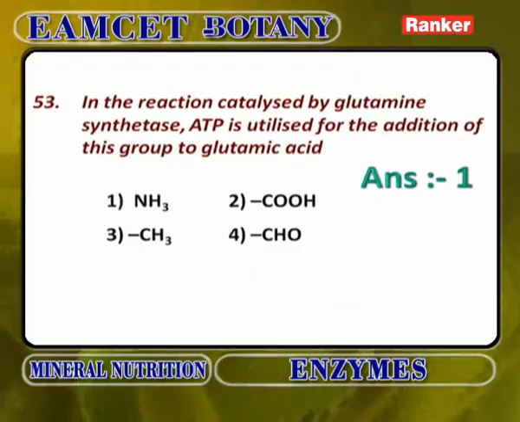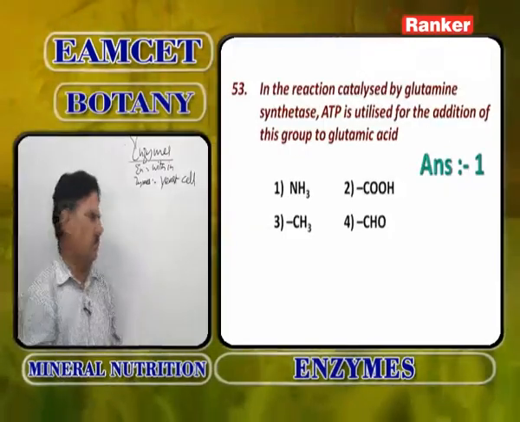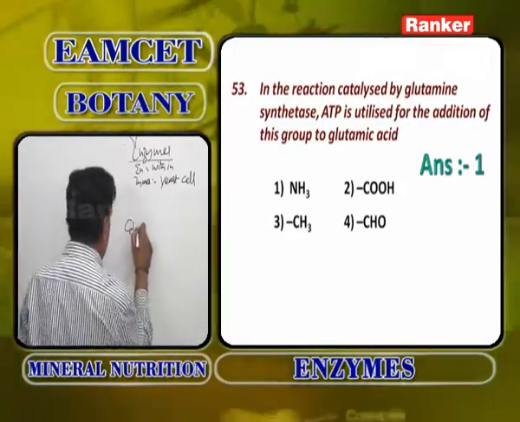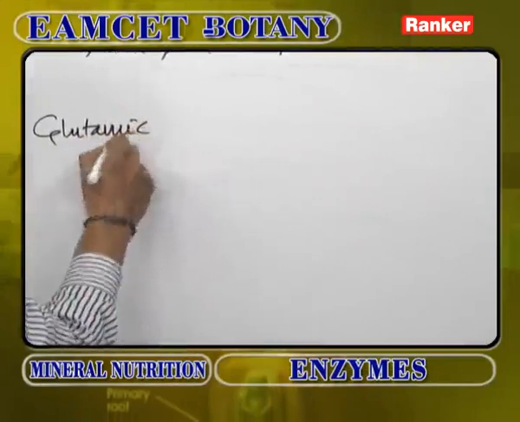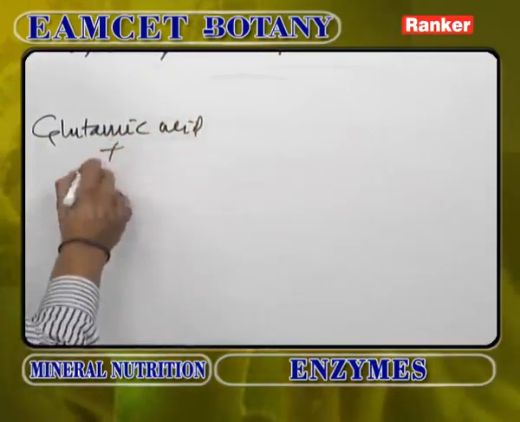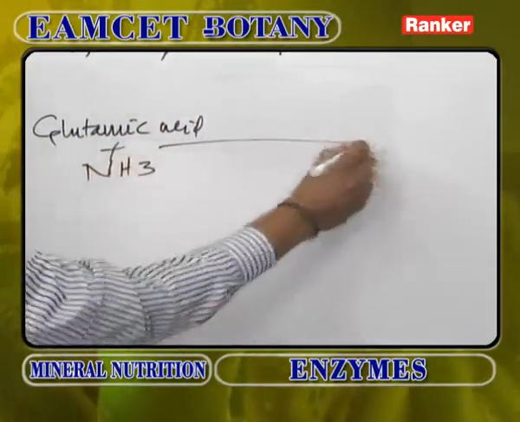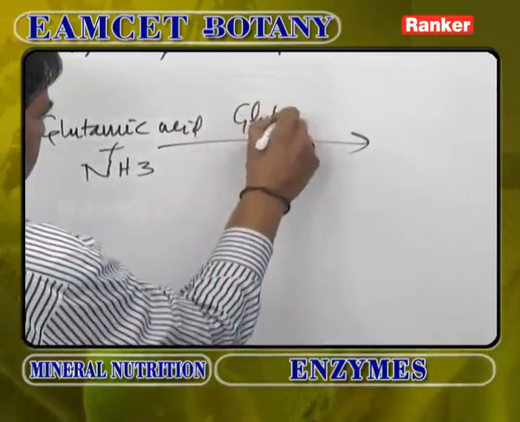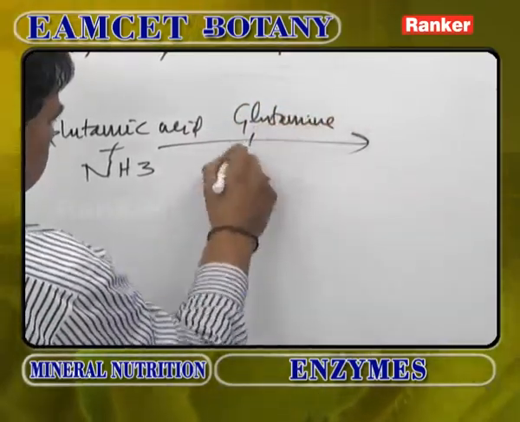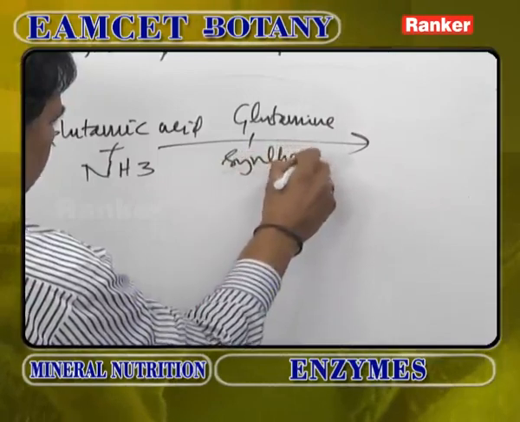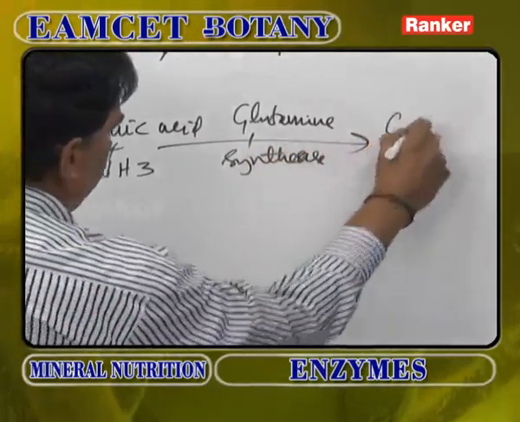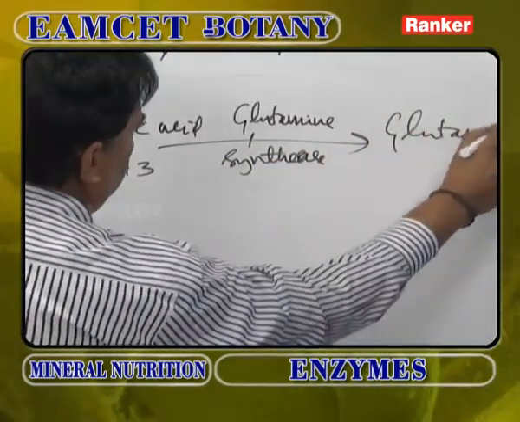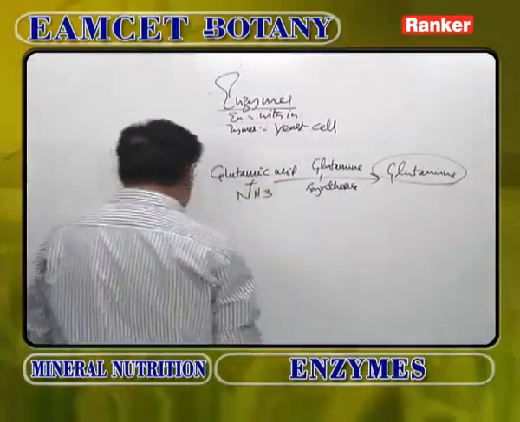In the reaction catalyzed by glutamine synthetase, ATP is utilized for the addition of this group to glutamic acid. So, glutamic acid plus ammonia, in the presence of glutamine synthetase, which is a ligase enzyme utilizing ATP, produces glutamine, an amino acid called glutamine.